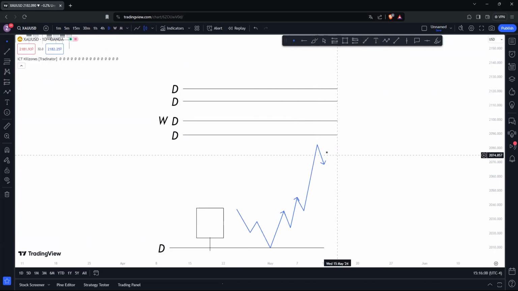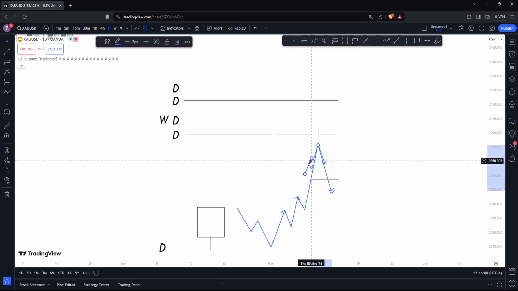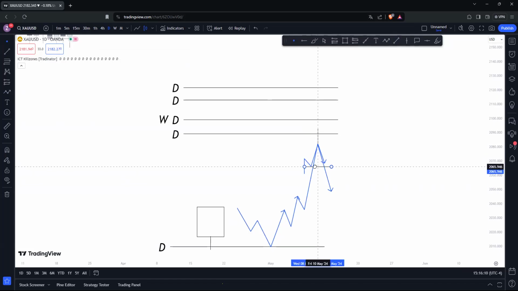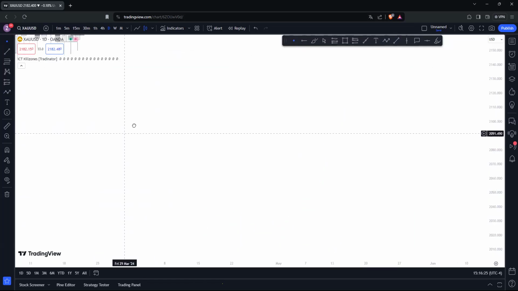So if you have a rejection here, and then you have a bearish breakout, say here, then this will count as a shift in storyline, from bullish to bearish, and you would say this is the daily level that started the bearish storyline and stopped the bullish storyline. So here, I'm going to show you an example.